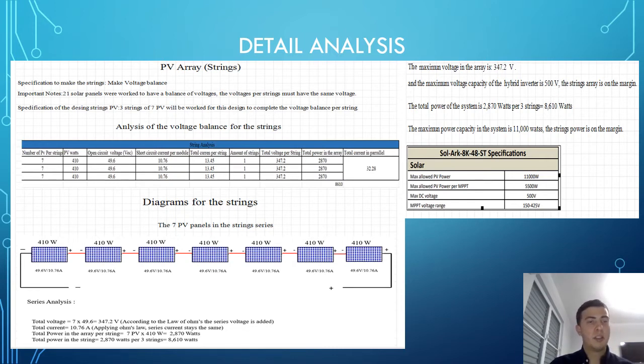The capacity of each panel is 410 watts, where in the series analysis the total voltage of this array, that are 7 panels per 490.6 voltage, that is the voltage of each panel.